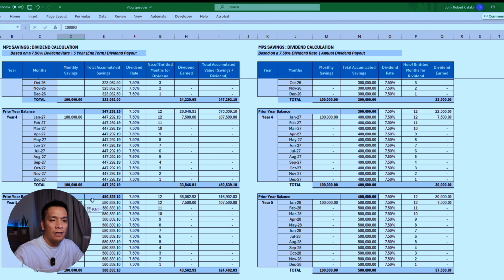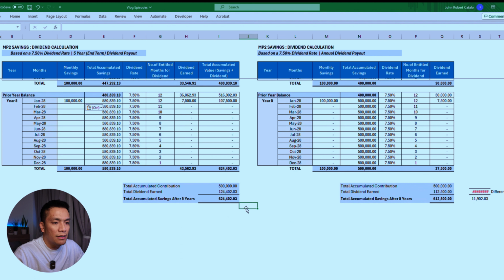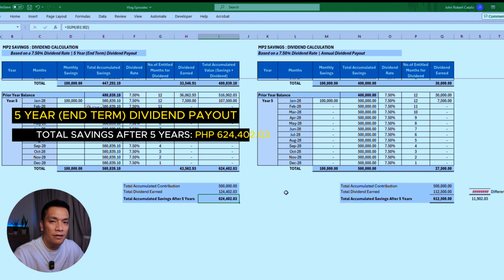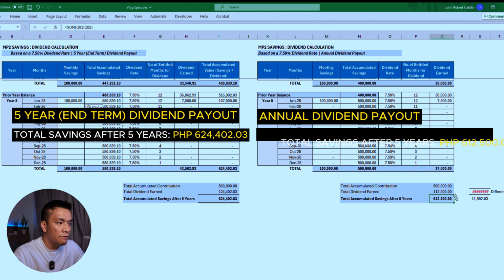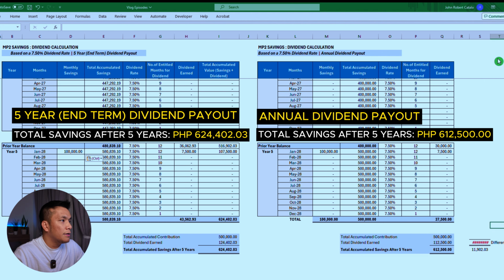So, magkano kaya ang aabutin ng ating 100,000 na yearly contribution? So, after 5 years, ang kanyang total accumulated savings value ay 624,402 under the 5-year end term and 612,000 under the annual dividend payout. So, makikita natin yung difference ng dalawang option na yan.